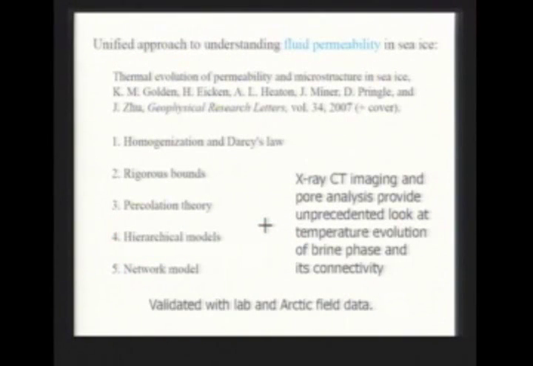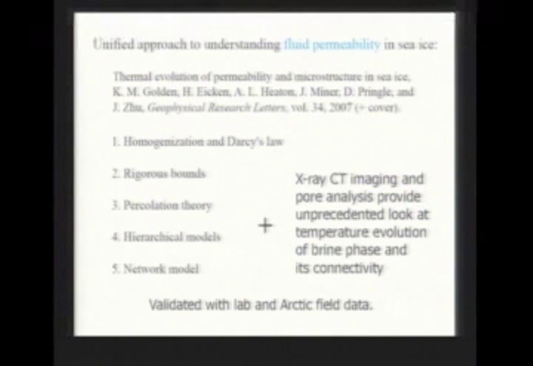Before our work, there were very few measurements of the permeability of sea ice, and there was no theory whatsoever. So over the past several years, we developed a unified approach to understanding permeability in sea ice, first based in homogenization, Darcy's law, rigorous bounds, percolation theory, hierarchical models, and network models, and I'll touch on these various mathematical advances in this field, all validated with laboratory and Arctic field data.